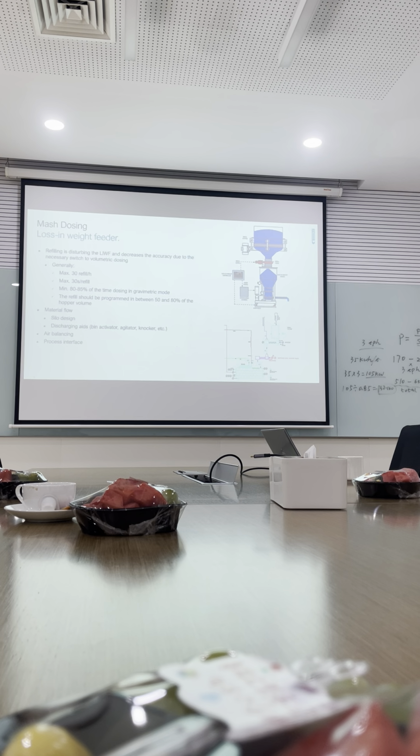This is the weight the hopper can take. Then we know how big the hopper can be, because the bulk density of the material is around 0.5 kg per liter, then we know the hopper size.